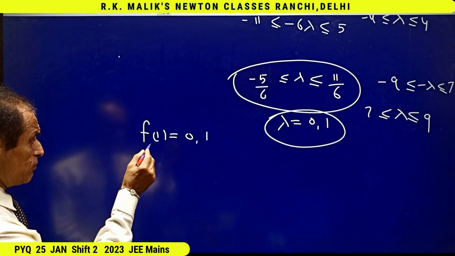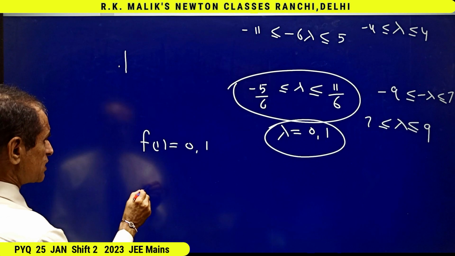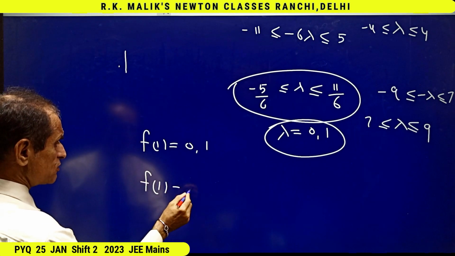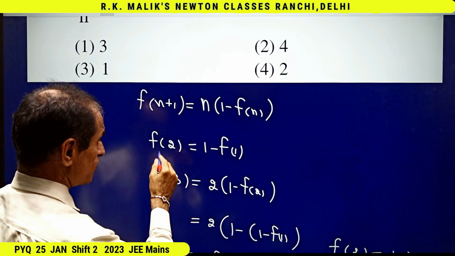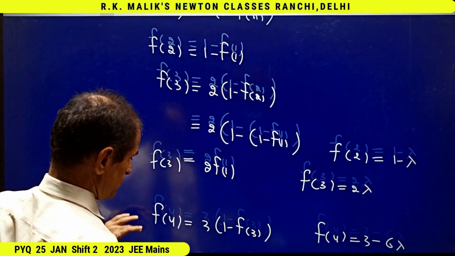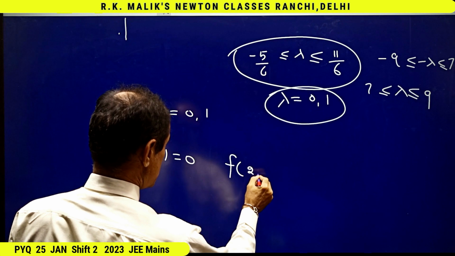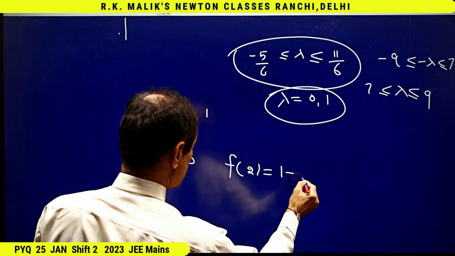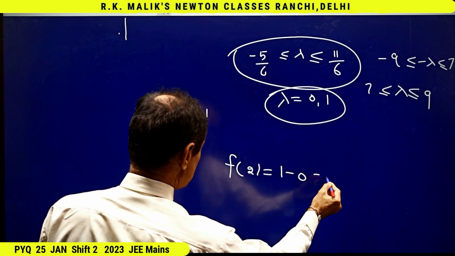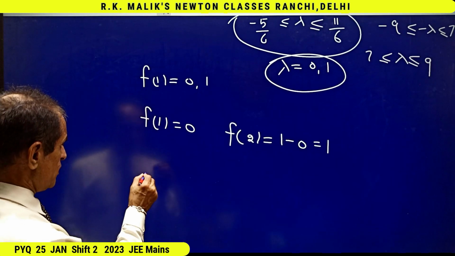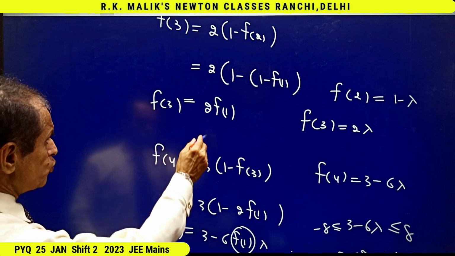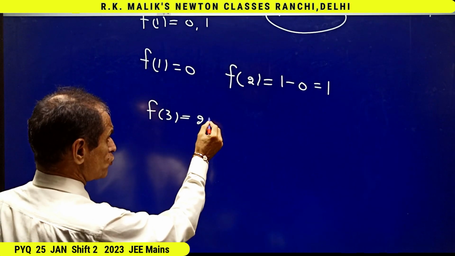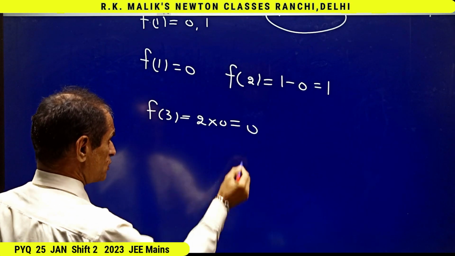For more clarity, I'm doing it. If we take the value of f1 as 0, then using this, I will get the value of f2 as 1 minus f1, that is 1. f3 will be equal to 2 f1, that is 2 into 0, equal to 0.